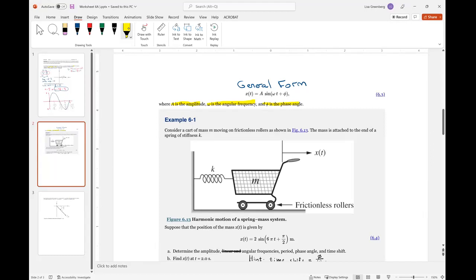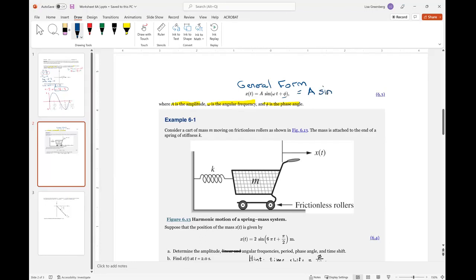Now, also, the time shift, which is something that we haven't gotten from here. So remember, if you watch the general videos on graphing, I said if you have a shifted form, and this plus theta is a shift, what you really want to do is factor out the omega.